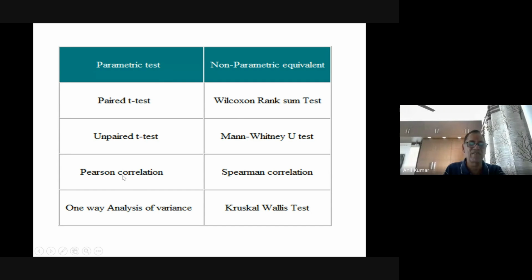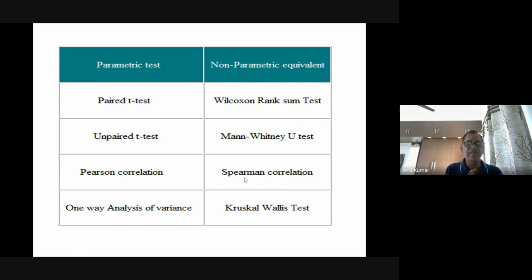Likewise, I think this is well known to all of us that whenever our data is ratio or interval level, we can think of using Pearson's product moment correlation. But if your data is available in ranks only, you know very well that the rank difference correlation, Spearman's correlation formula, is to be applied.